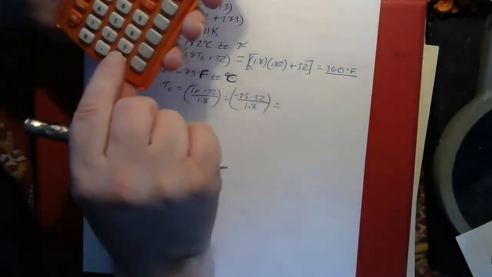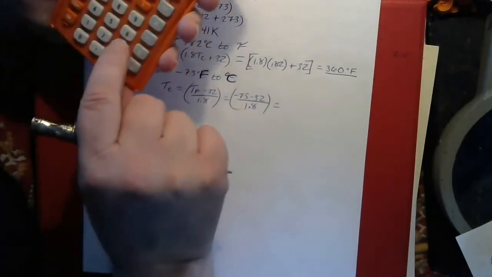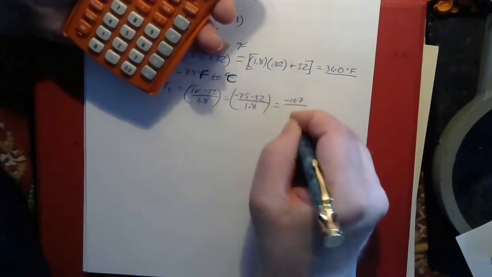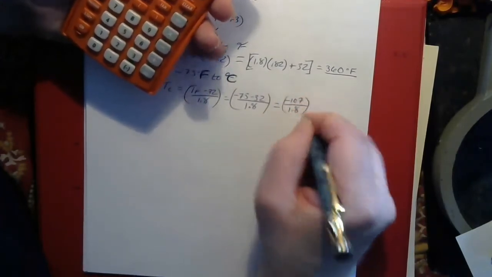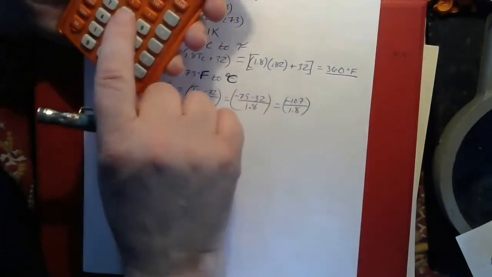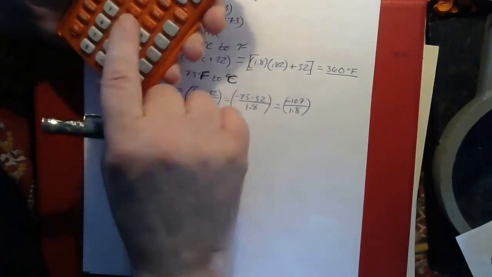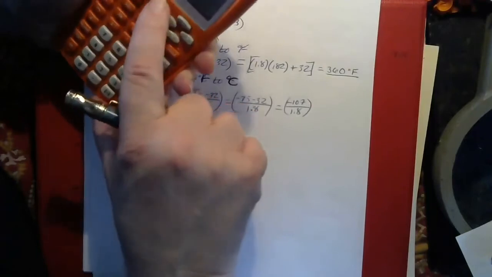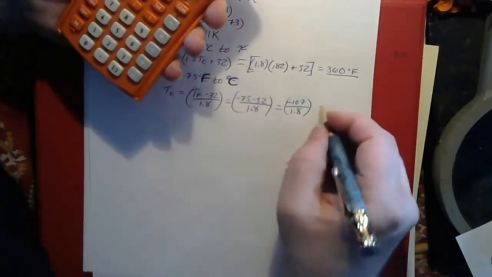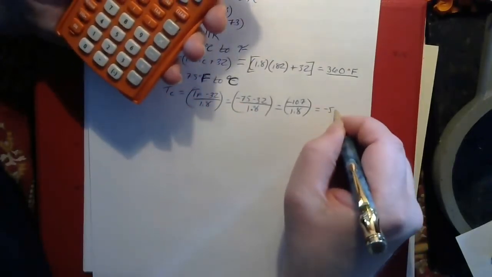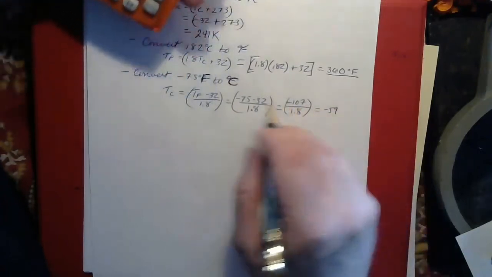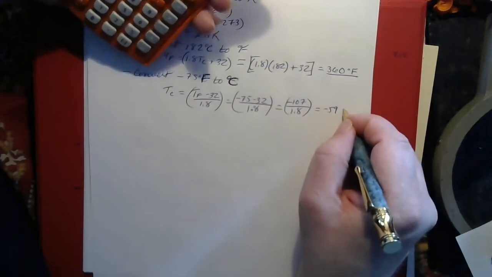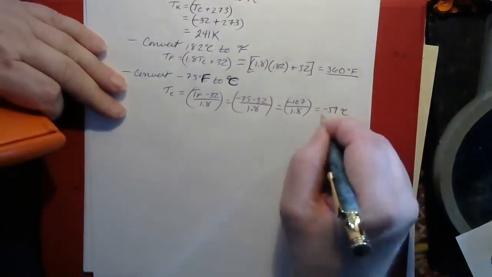So negative 75 minus 32 is negative 107 over 1.8. And we get negative 59.4, yeah, two significant figures, so we'll call that negative 59 degrees Celsius.